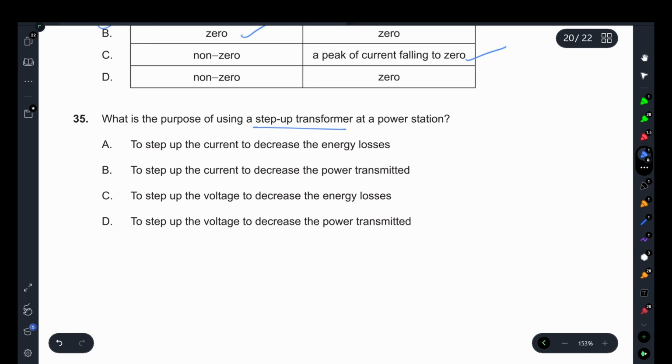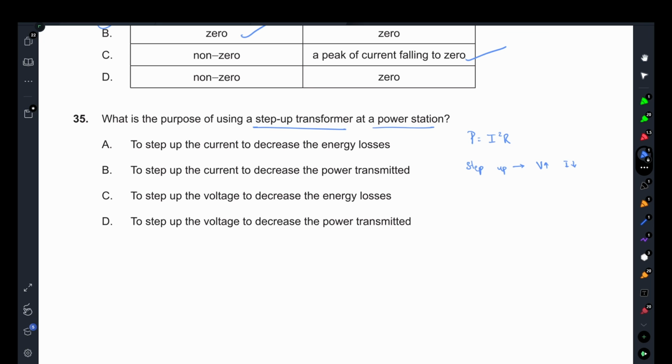Moving on to question number 35. What is the purpose of using a step-up transformer at a power station? So here's a very basic real-world application kind of question. You know, power is equal to I squared R, and a step-up transformer increases the voltage but decreases the current since power is conserved.